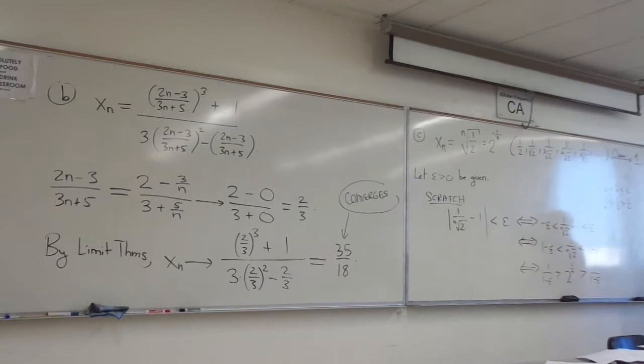I can pull the exponent down in front, right? So 1 over n times the log of 2, and then greater than the log of 1 over 1 plus epsilon. It would look like that. Make sense? Now what?